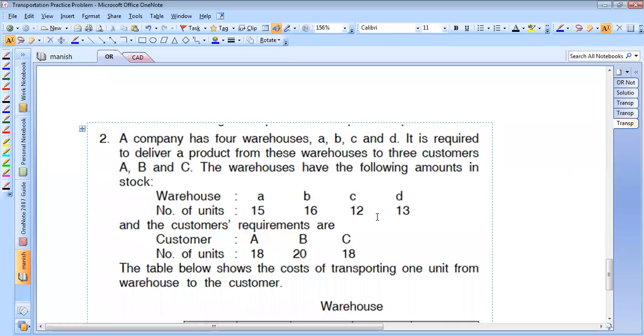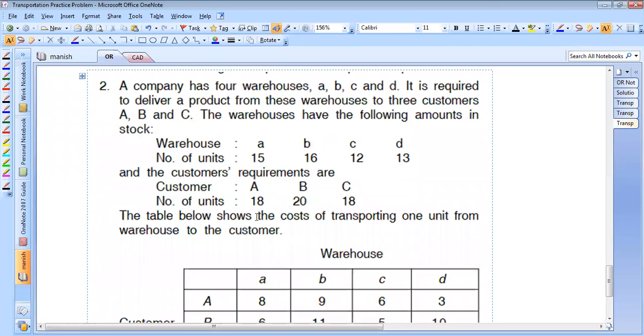Is it correct? Then let us check this. 18 plus 18 is 36, 36 plus 20 is 56. So what kind of a problem is this? Balanced problem. Very good.